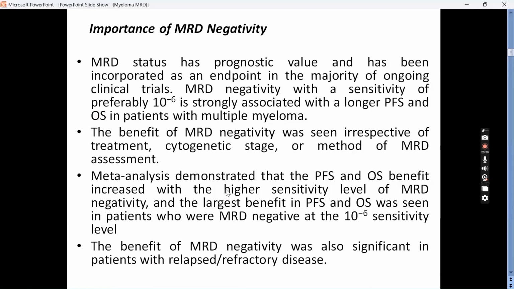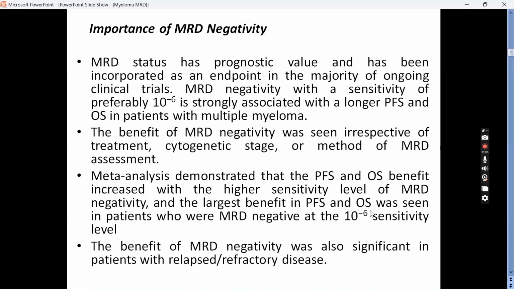When I'm acquiring only 1 million events, I may not be able to hit a sensitivity of 10 to the power of -6. So when you say you are doing a myeloma MRD, you should do it to a sensitivity of around 10 to the power of -6. If you are not reaching this, that MRD may not truly reflect the results. For example, when you acquire 1 million events, your sensitivity is around 10 to the power of -4, and you call the case MRD negative by flow.